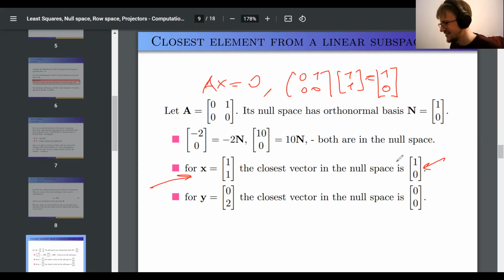What if like 0 and 1? Is it not the same Euclidean distance? 0 and 1 is not an element of the null space. Oh, okay. So out of all vectors that can be produced by multiplying this by a number, this is the closest to this guy. Okay.